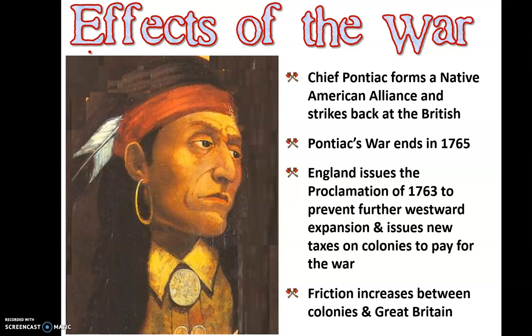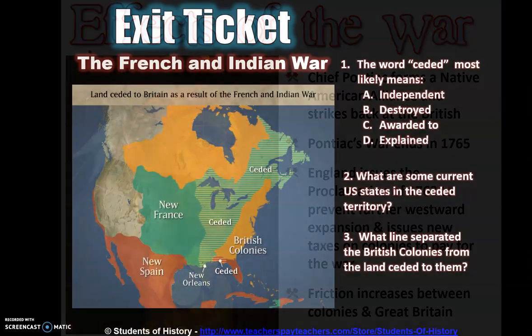They've lost so many lives, they've lost so many resources, and therefore these taxes are supposed to repay these losses. And so this causes friction between the colonies and the actual motherland of Great Britain, which is eventually going to lead to the American Revolution, or one of the main causes of the American Revolution.